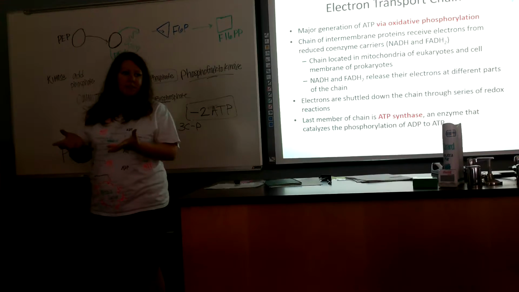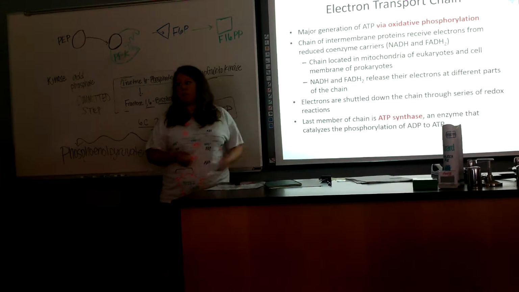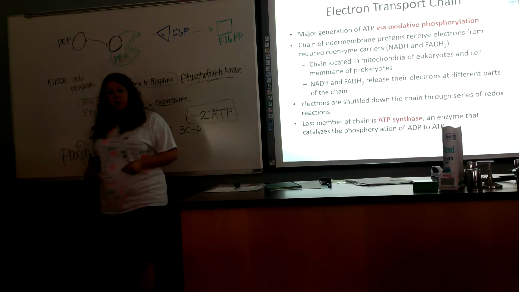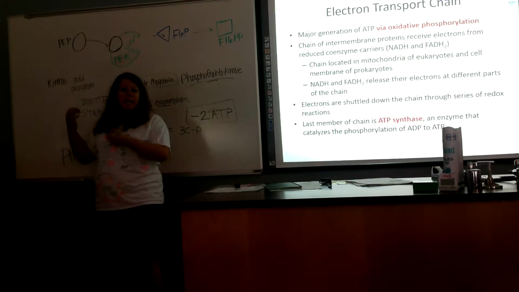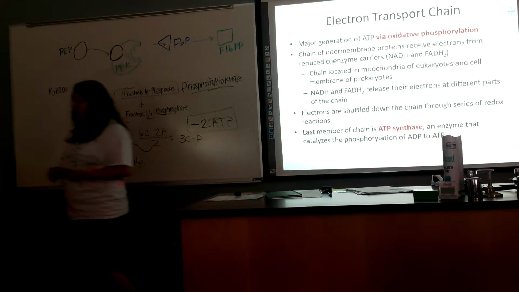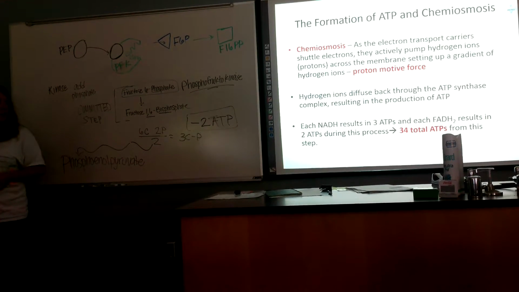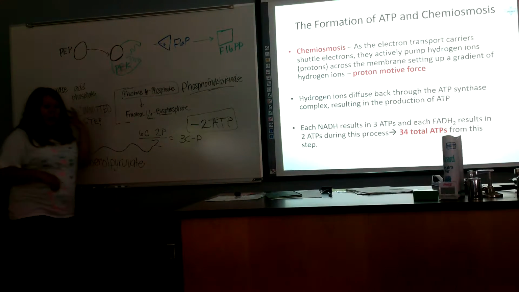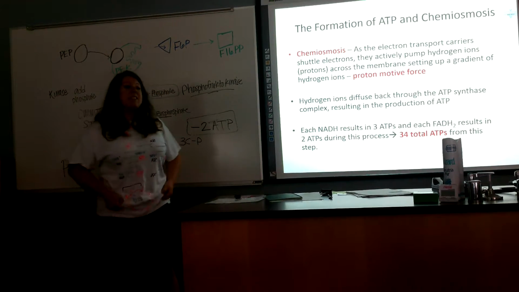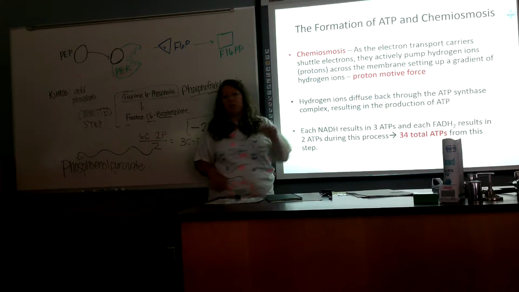So synthase, synthesis. It is a synthesis machine. It makes ATP, okay? And so it is going to carry forward that reaction that makes ATP, which is ADP, diphosphate into triphosphate. Hopefully by now you should know that reaction. Now, what powers the ATP synthase machine, because it definitely requires power, is what we call the proton motive force.